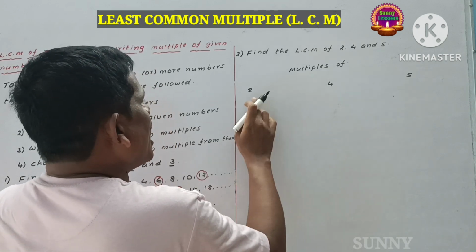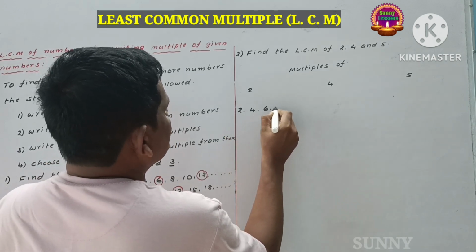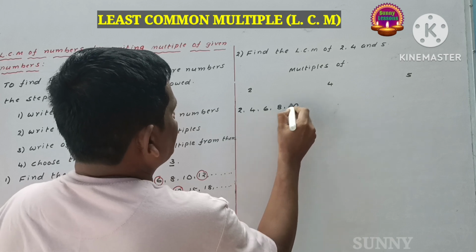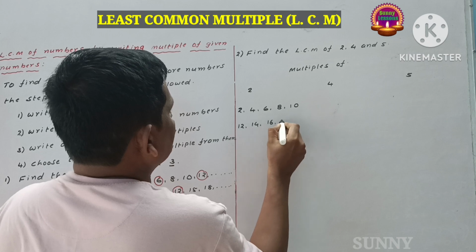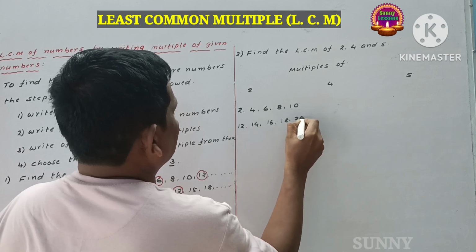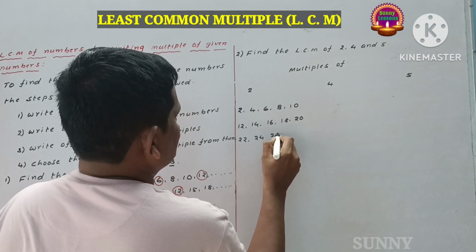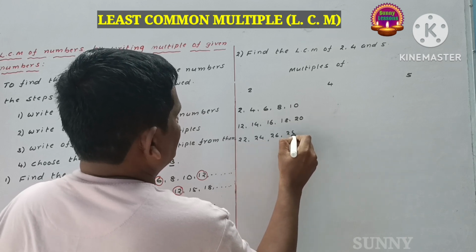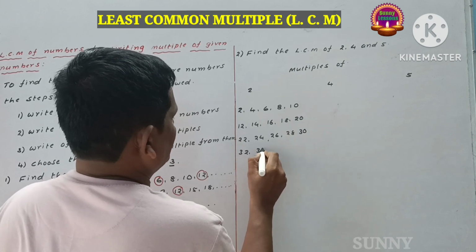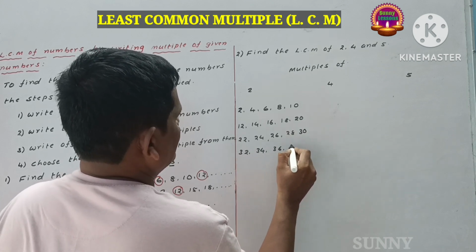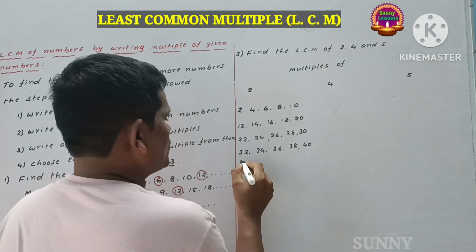So, the multiples of 2 are 2, 4, 6, 8, 10, 12, 14, 16, 18, 20, 22, 24, 26, 28, 30, 32, 34, 36, 38, 40 and so on.